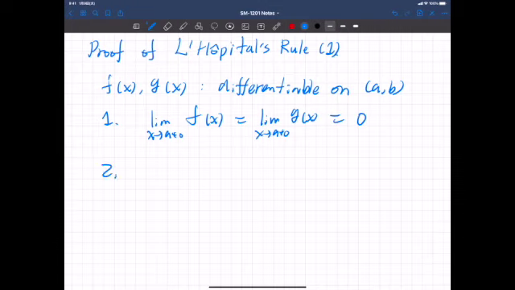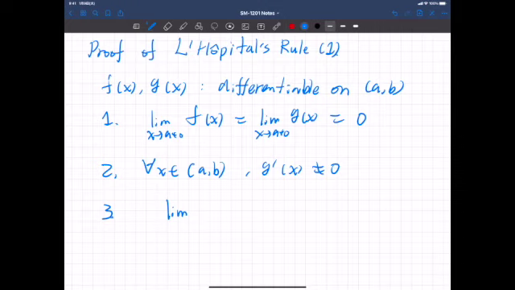Two, for all x in the interval, the derivative of g is non-zero. And three, the right limit as x approaches a of f prime over g prime exists.